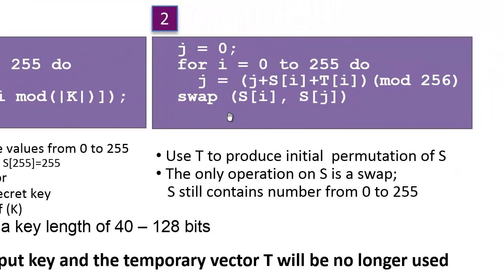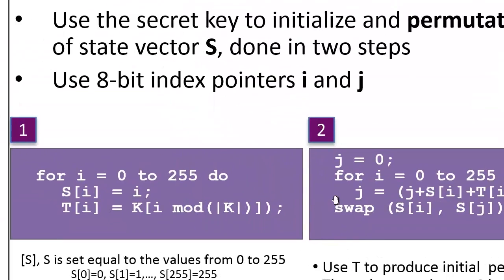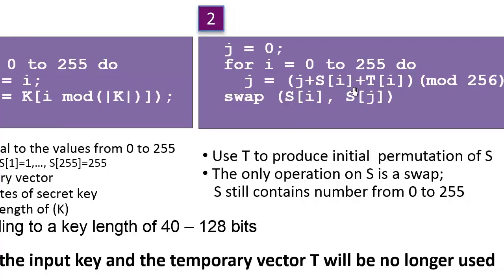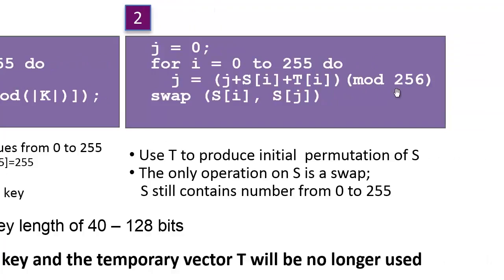Then I will use this temporary vector, T, to produce the initial permutation of S. For I equal to 0 to 255, do, where J is, as we know, an index pointer, J = (J + S[I] + T[I]) mod 256, that is the permutation of 255.